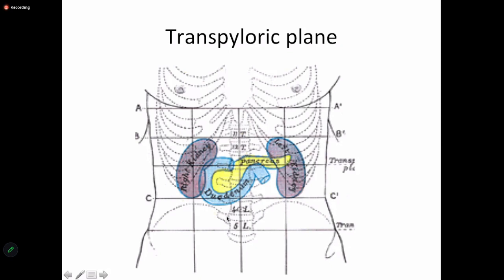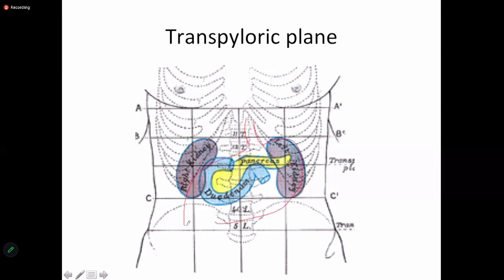And remember the relations. That is also important. And in fact, whose bed is this? What is the abdominal organ in front of this? Yeah, there's the stomach bed.